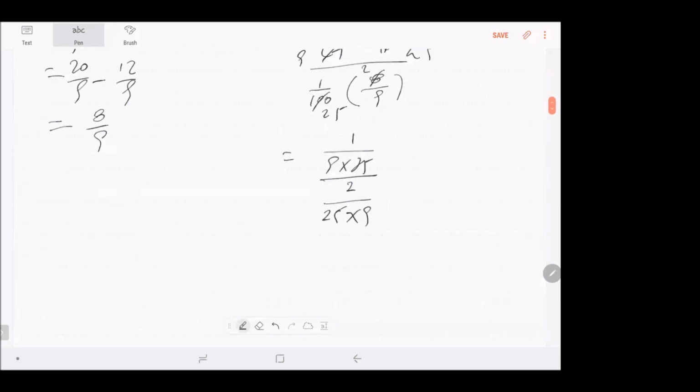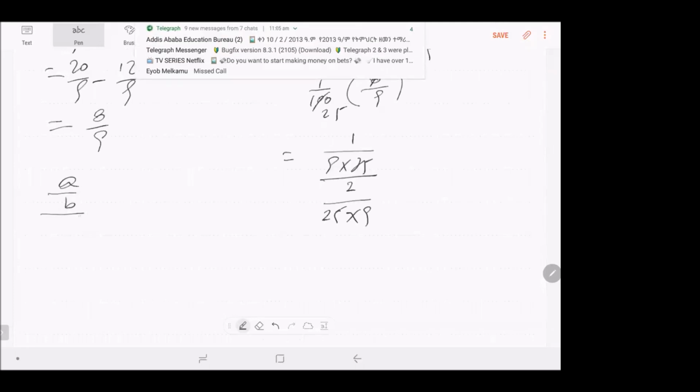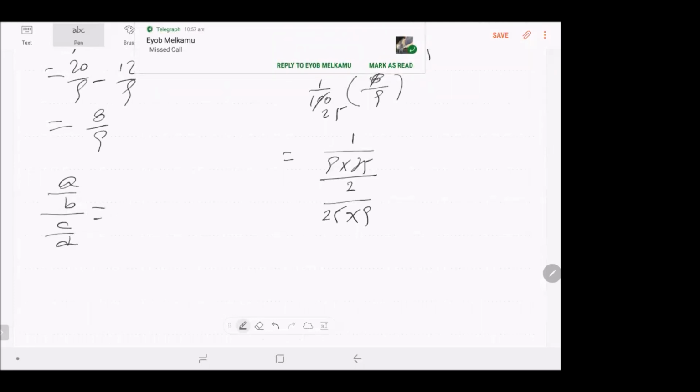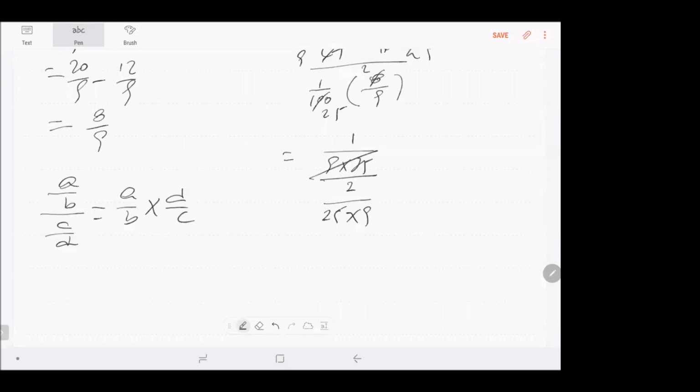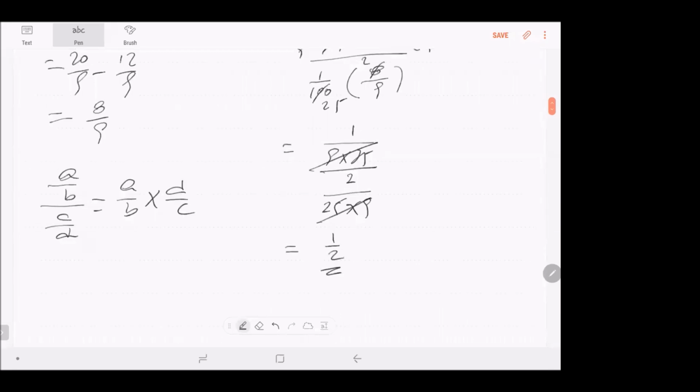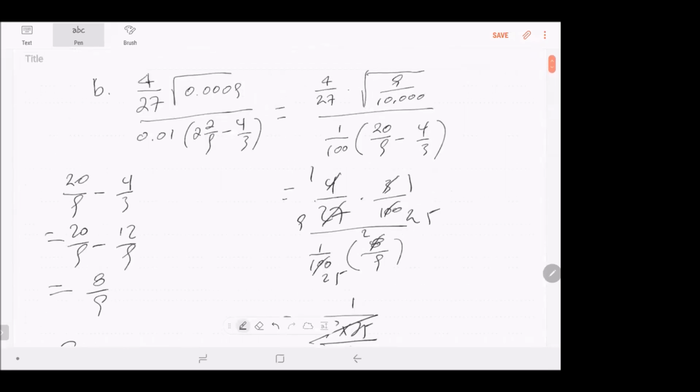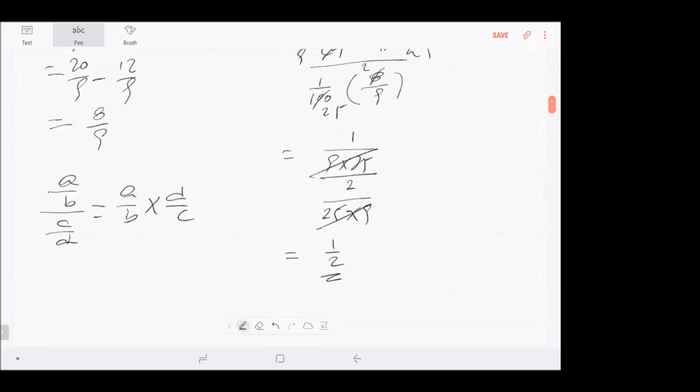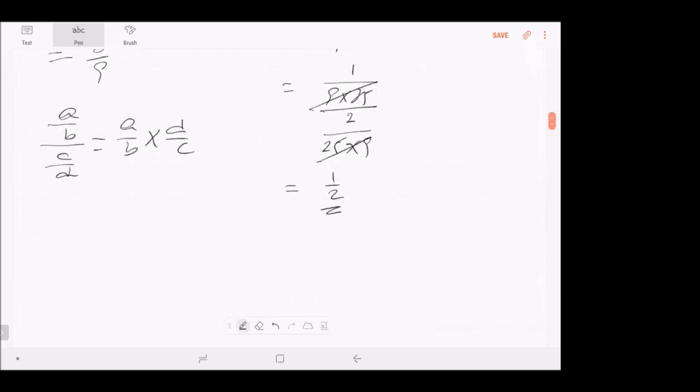If you remember, last time I told you a property for a fraction like this one: a over b, whole over c over d. This means when we simplify this fractional expression we get a over b times d over c. With this way, this expression is cancelled out by this one. So what is left finally is 1 over 2. So the simplified form of the given expression is 1 over 2. Is that clear?